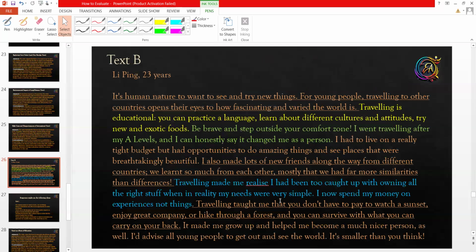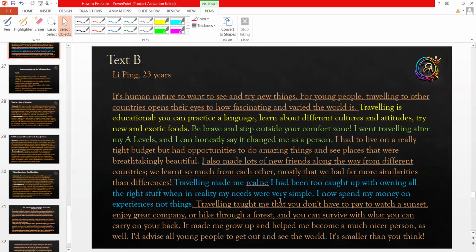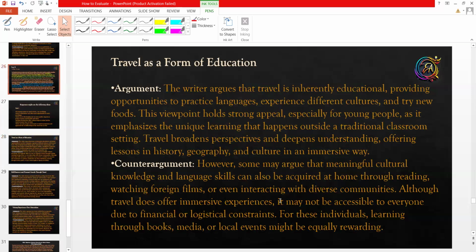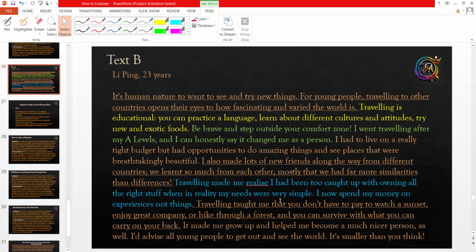Now, instead of just reading it all out, let me have one argument from text B. We haven't read this, so we'll just read out the first one and have an argument here. It's human nature to want to see and try new things.